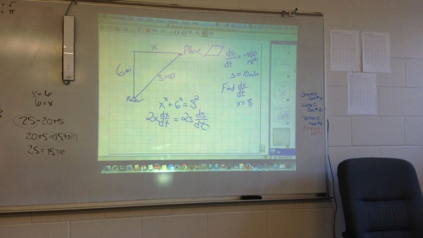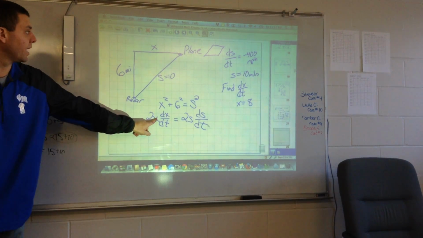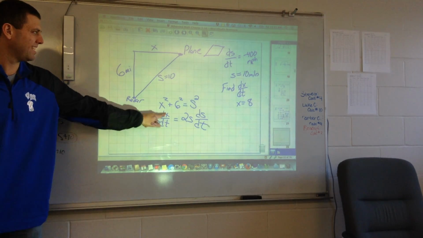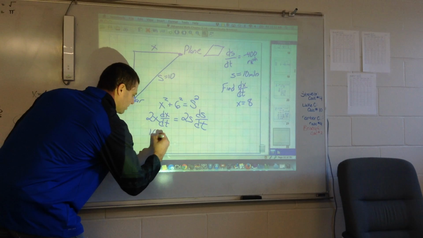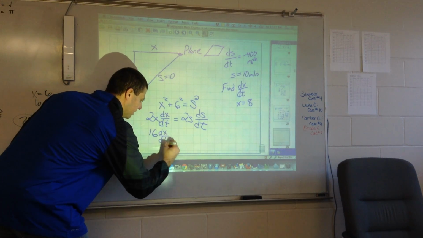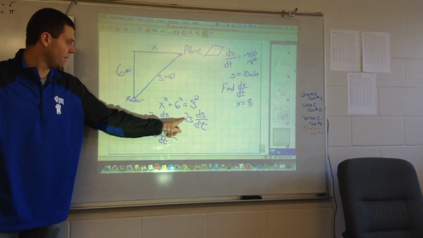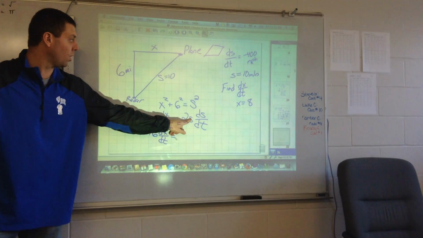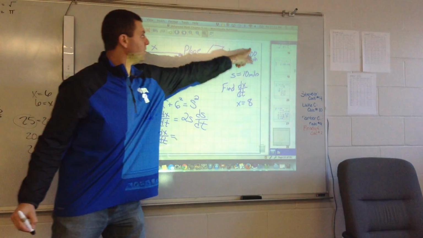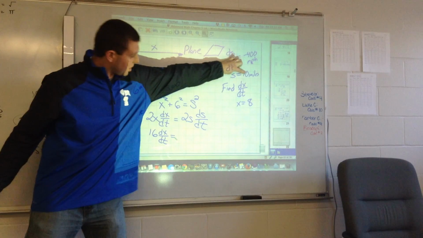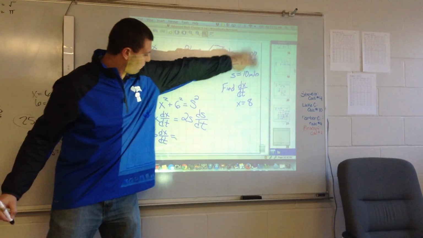Plug in what you know. So x at this very instance is 8. We don't know dx/dt. So I get 16 dx/dt equals 2s, 2 times 10 would be 20, times negative 400. s is 10, ds/dt is negative 400.